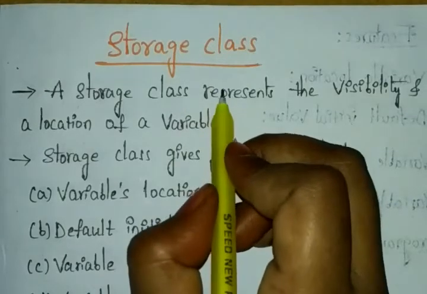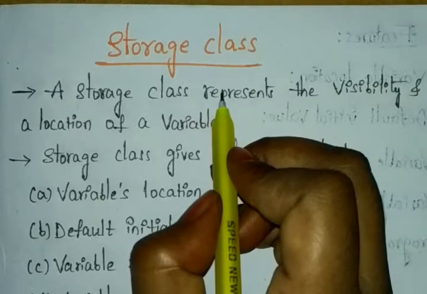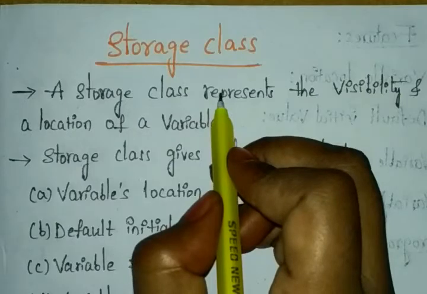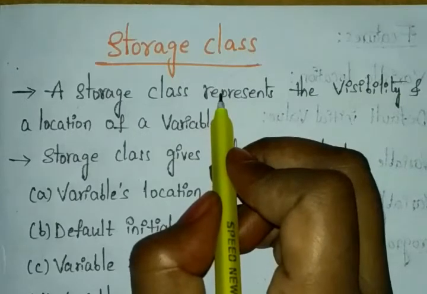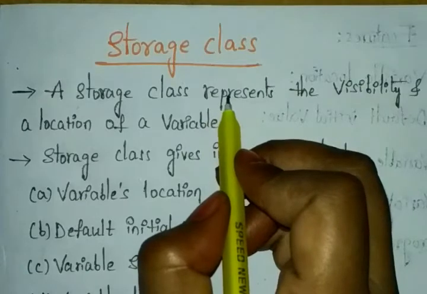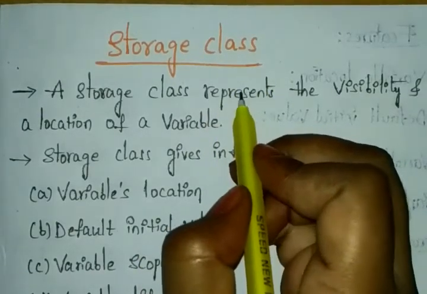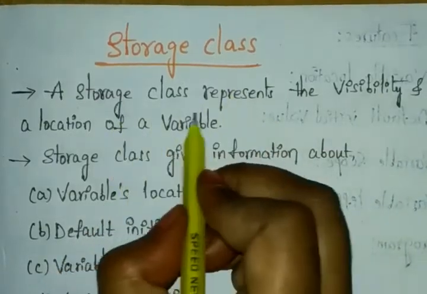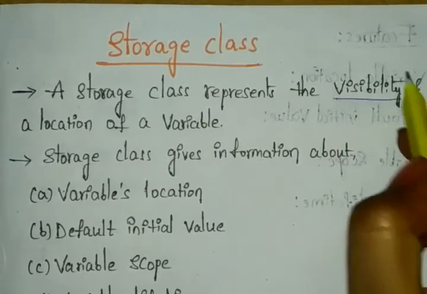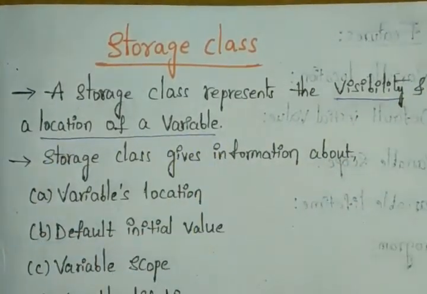We cannot define it directly, but it takes some defaults, and the compiler stores the class based on the context of the variable. Now let's see what the storage class is. A storage class represents the visibility, and it also displays the location of the variable.